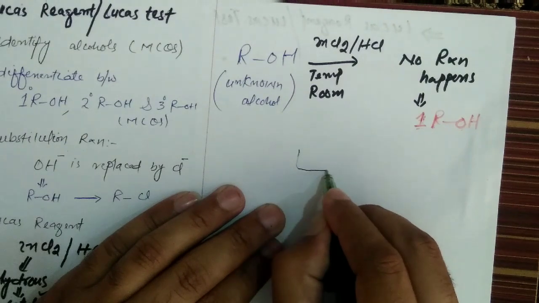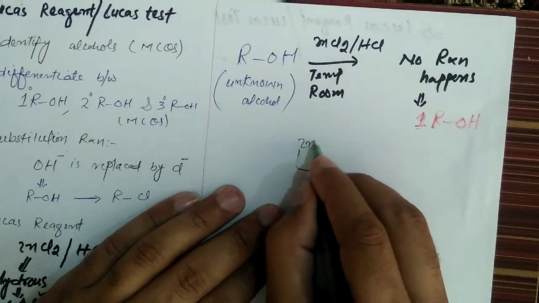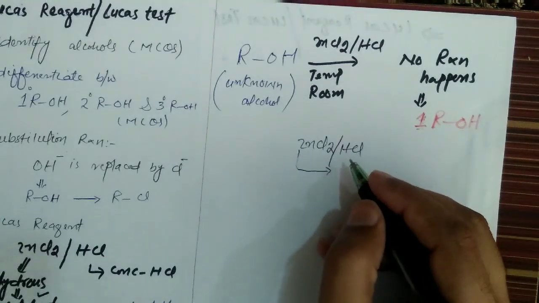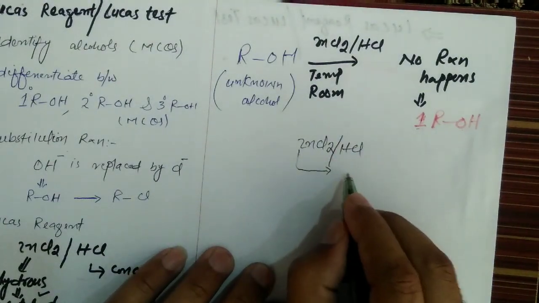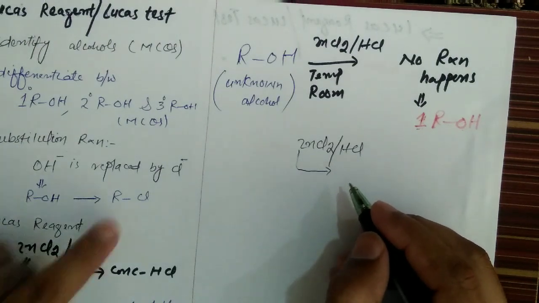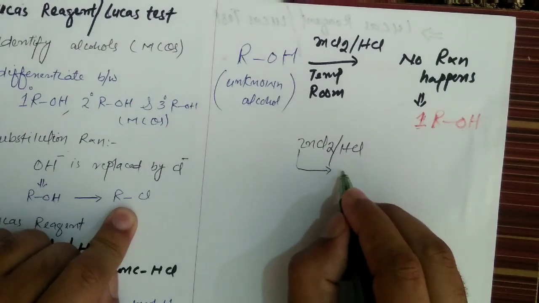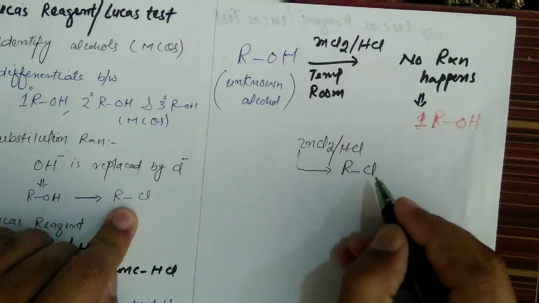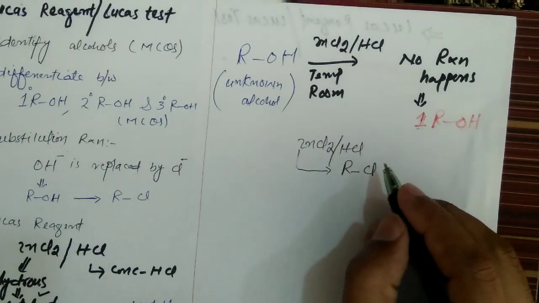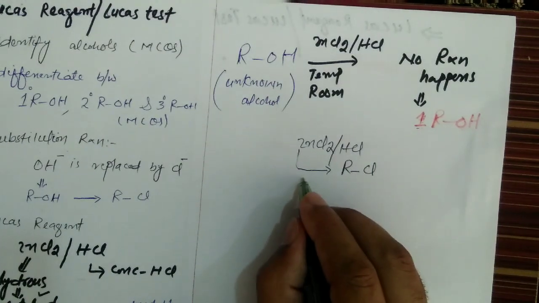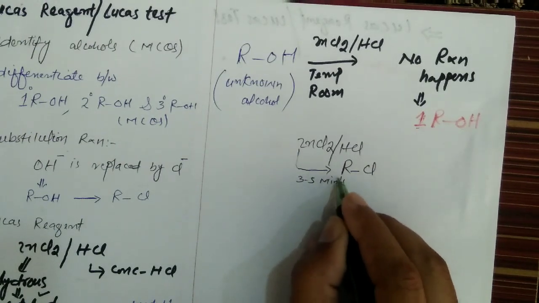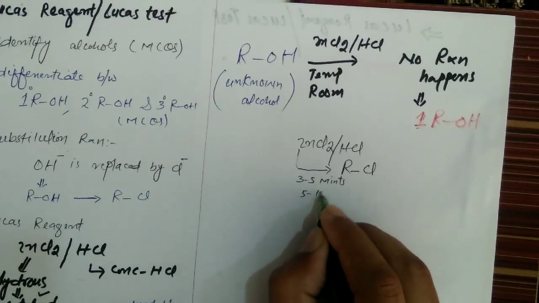However, if you use ZnCl2 and HCl, meaning the Lucas reagent, and the reaction happens, so definitely the product is what? The product is alkyl halide. The alkyl halide gets formed, meaning the solution becomes turbid, and the reaction happens in 3 to 5 minutes at room temperature. Some books write 5 to 10 minutes.